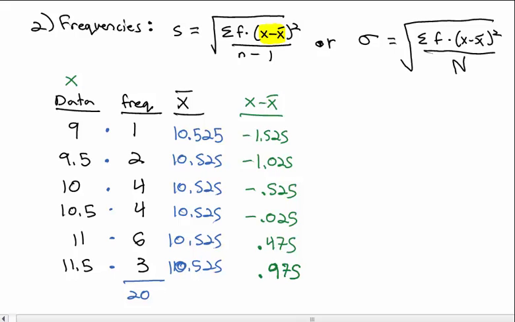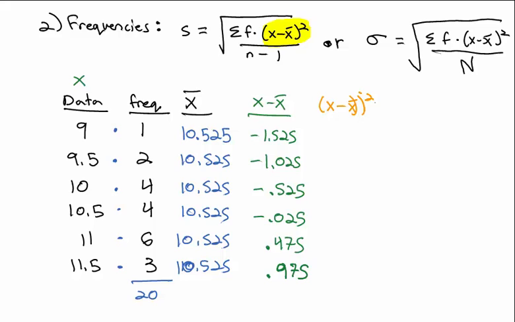Going on with our formula, now we see that that difference is squared. So we'll make a new column for x minus x bar squared. So 1.525 squared, and I'm just going to round it for the sake of conversation to 2 decimal places, is 2.33. 1.025 squared is 1.05. 0.525 squared is 0.28. 0.025 squared is almost 0.